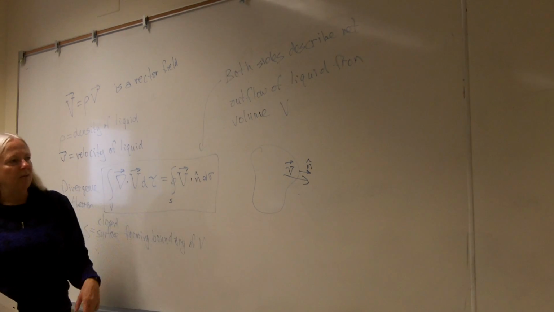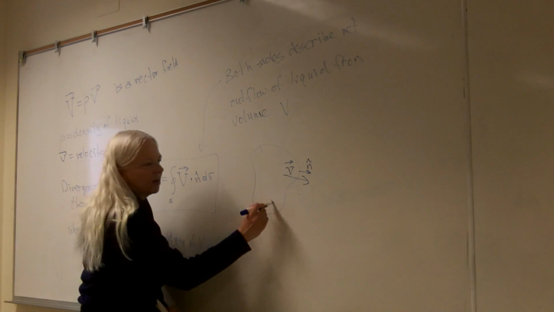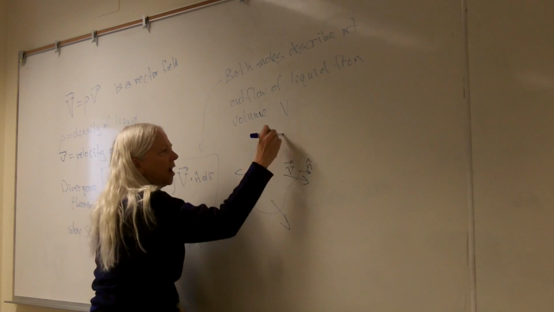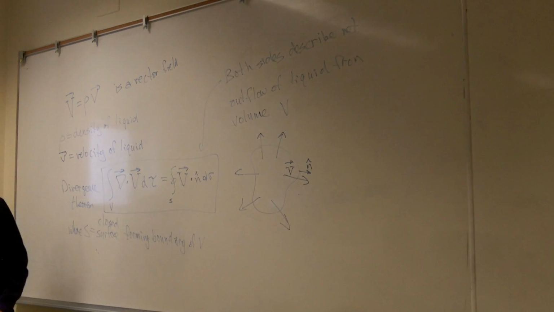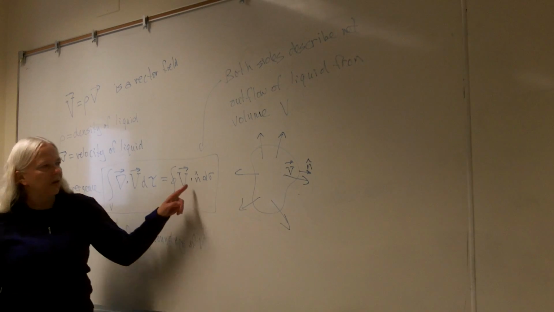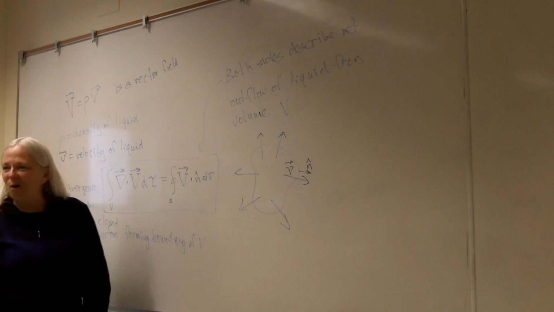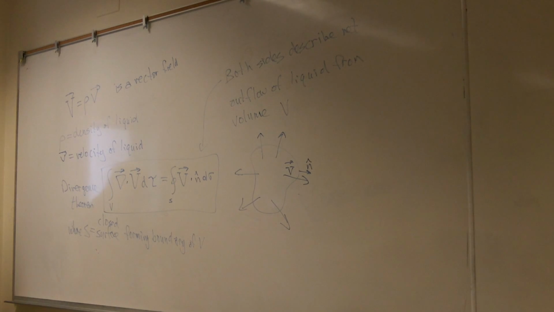And if that were true everywhere over the surface, in other words, if V was directed out like this through the entire surface, then of course you would have a similar positive result for V dot n hat through the entire surface. When you integrate over it, basically you're looking at the component of V that is essentially flowing outward through that surface, right?